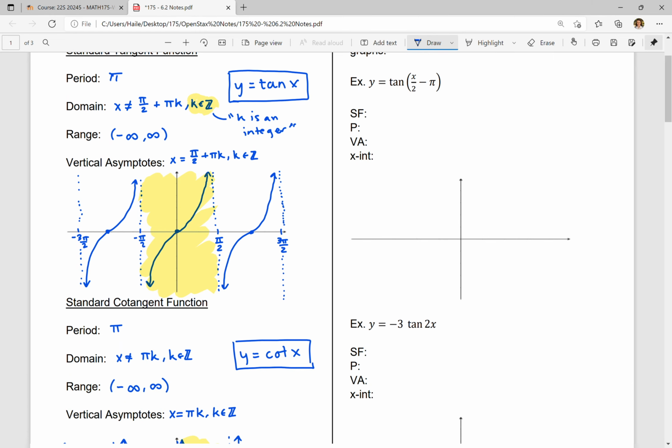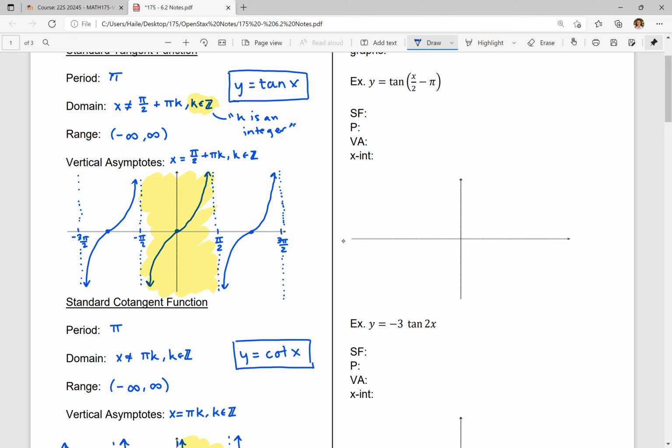So the first function we want to graph is y equals tangent of (x over 2 minus pi). So the first thing we're going to do is analyze this equation before we actually get the picture. So maybe the first thing I want to do is find the vertical asymptotes. So what I'm going to do is take the part in the parentheses and set it equal to the initial asymptotes of tangent.